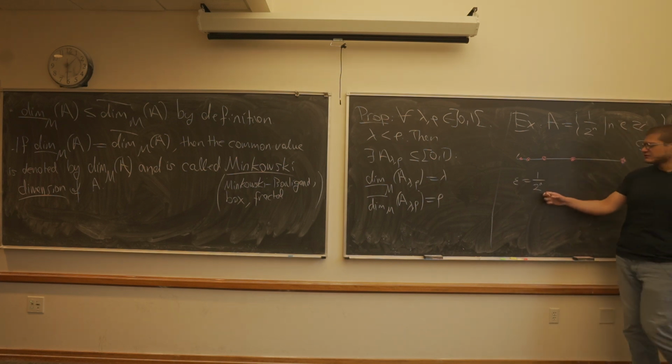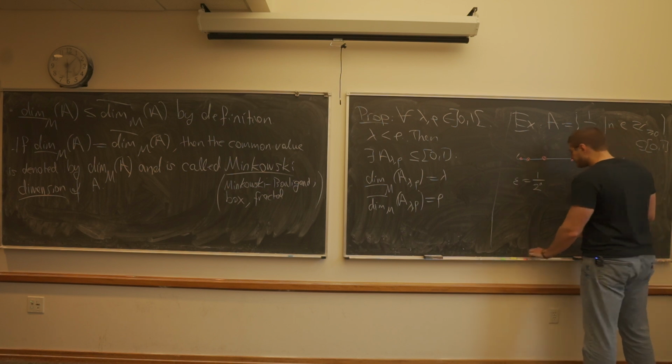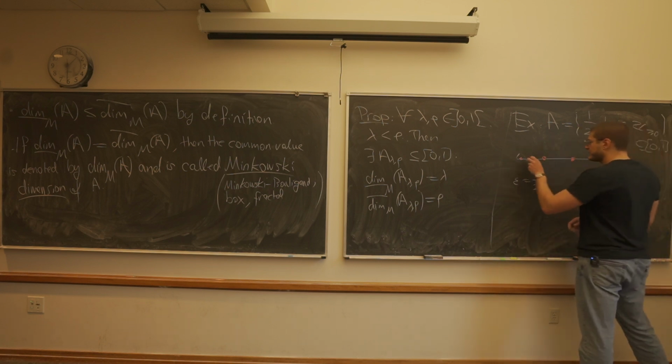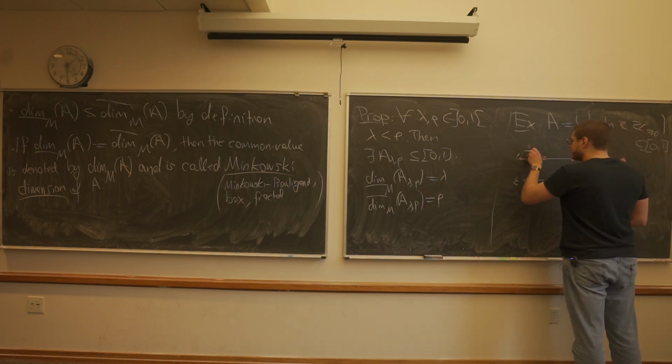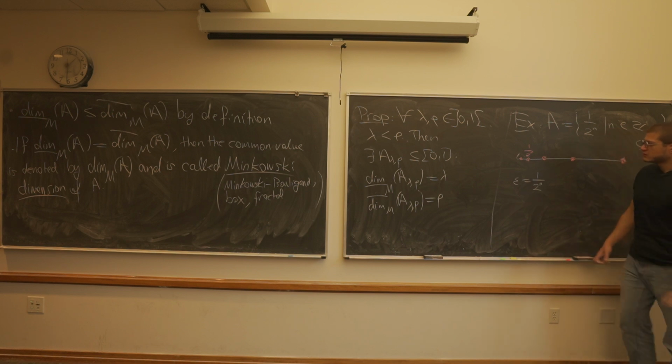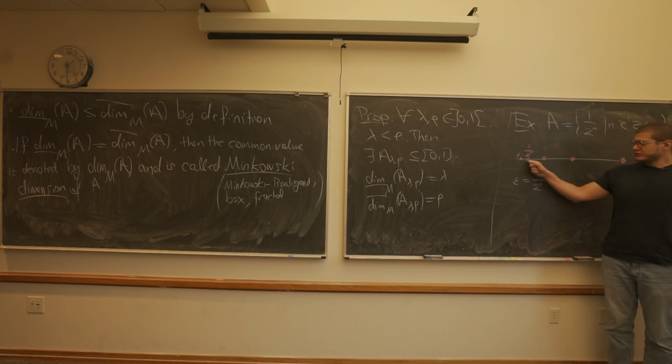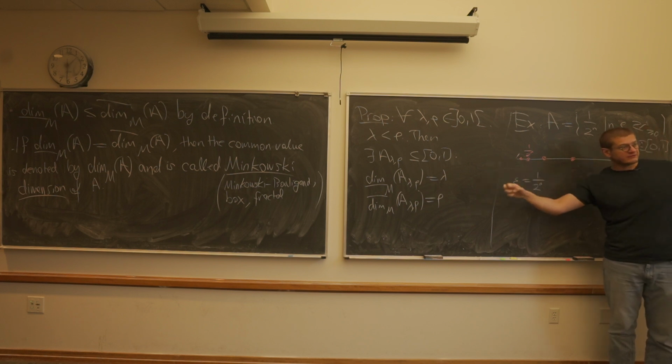And the point here is that, let's say somewhere here is 1 over 2 to the n. If you were to look at the closed interval of diameter 1 over 2 to the n, whose center is here, you're going to cover everything to the left.